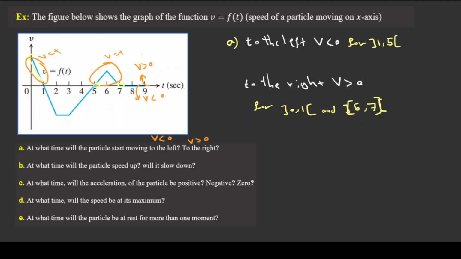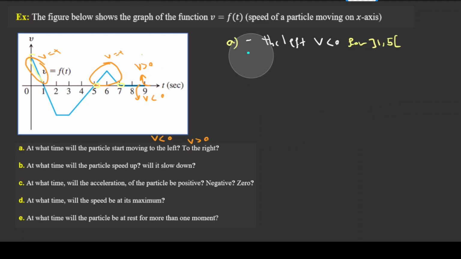At 5 velocity is 0, velocity is not positive. At 7 velocity is 0, velocity is not positive. That's why when velocity is positive we use open intervals, as we did in chapter 4 for critical values and increasing and decreasing. It is the same idea.